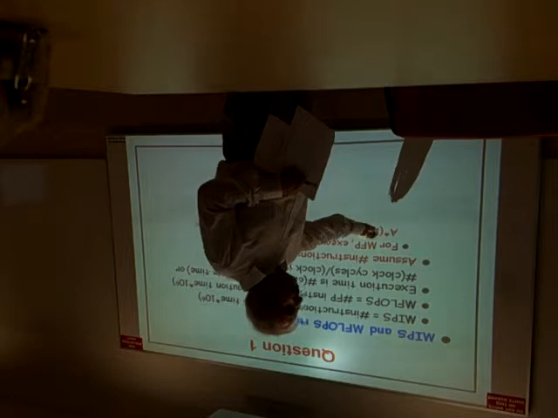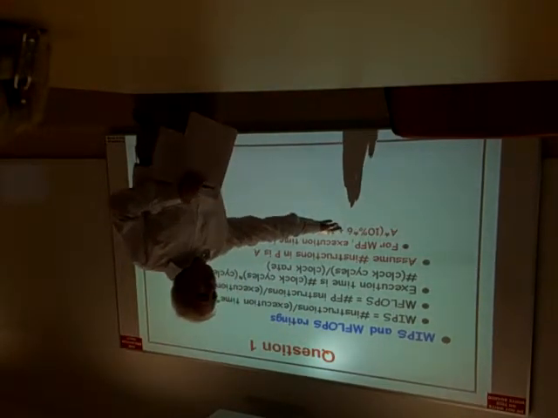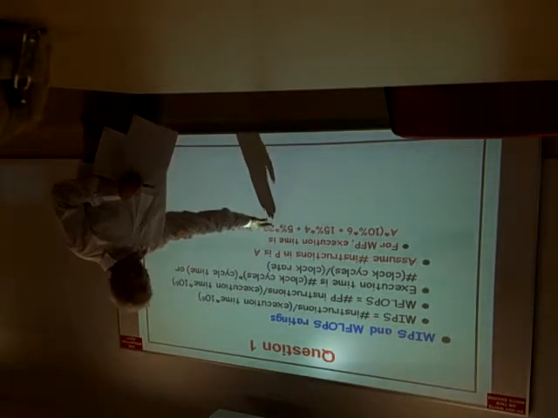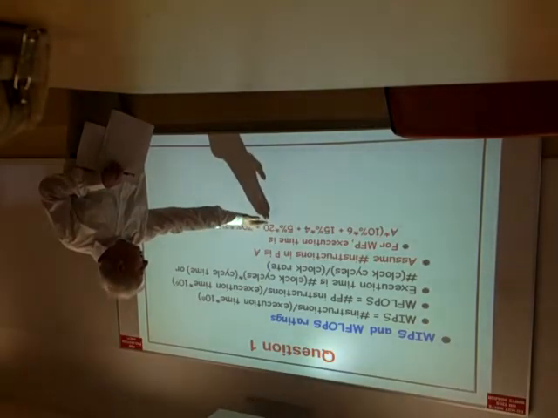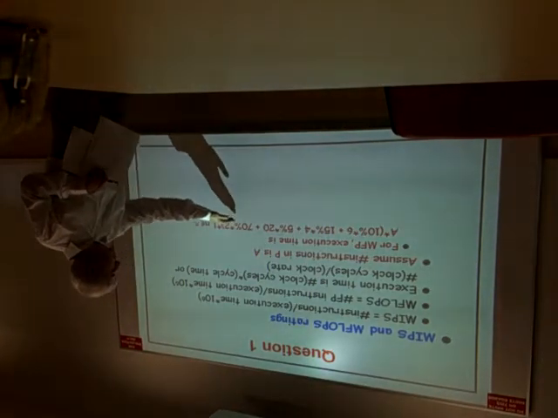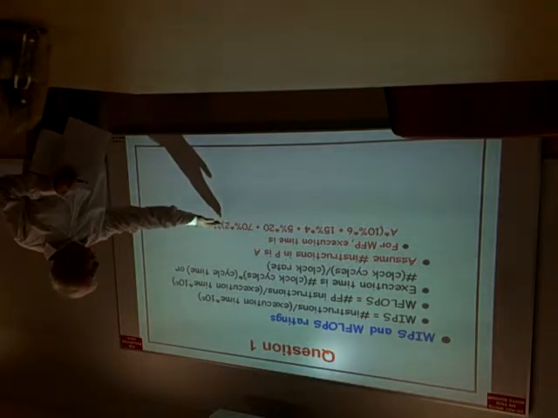We're told that there are 10% floating point multiply, and the number of clock cycles for floating point multiply is 6, 15% floating point add, with 4 clock cycles, 5% floating point divide, with 20 clock cycles, and 70% integer, 2 clock cycles.